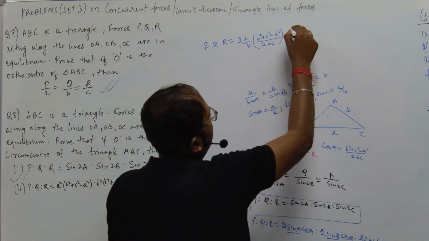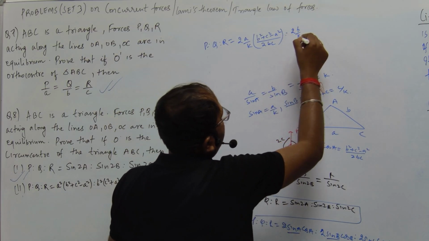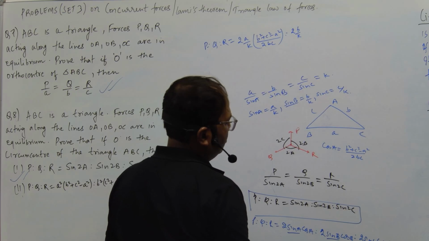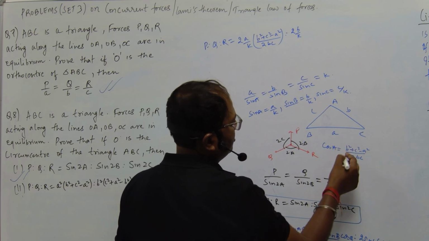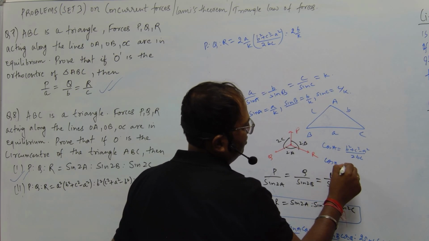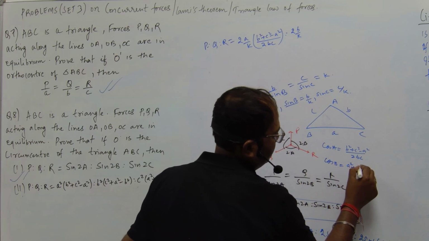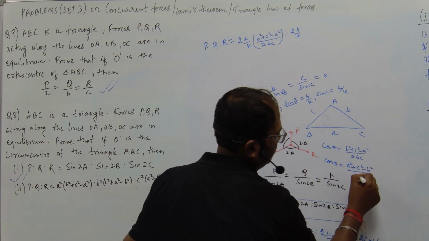Then 2 times sin B is b upon k into cos B. Similarly, cos B we can write as a square plus c square minus b square upon 2ac.